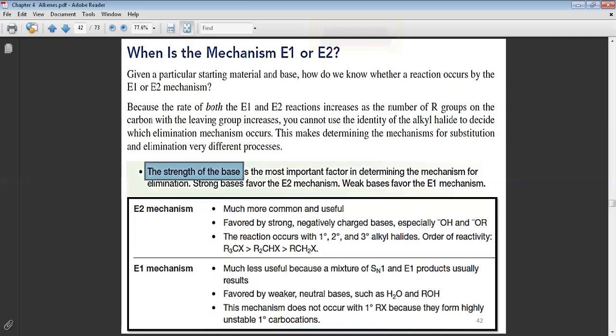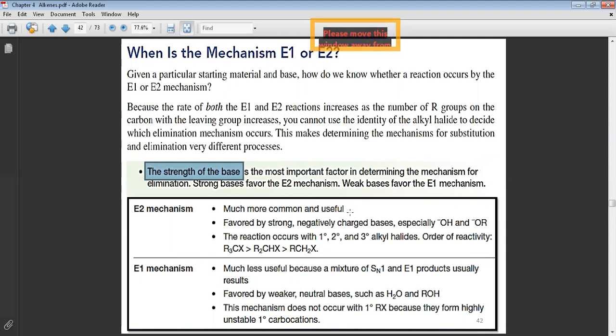Okay, compared to E2, E1 is much less useful because a mixture of the SN1 or E1 products usually results. Why? Look, for the E2 mechanism, you get one product.